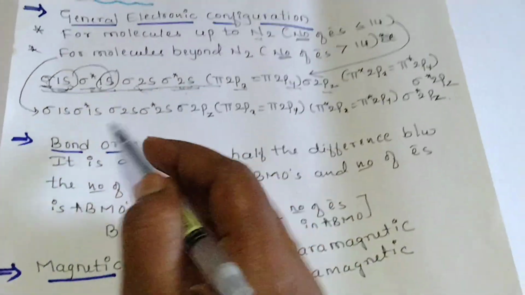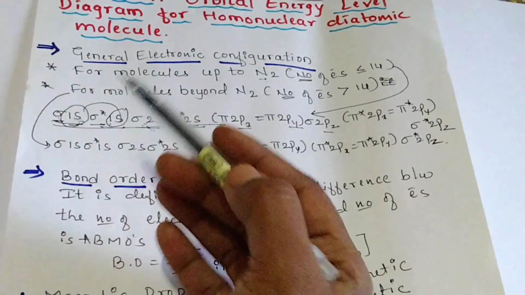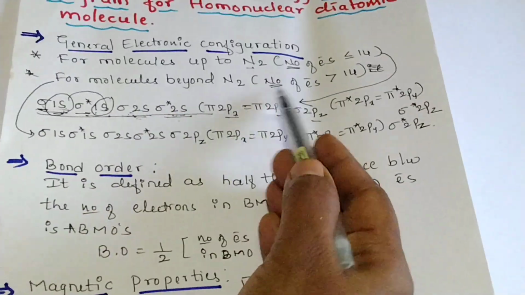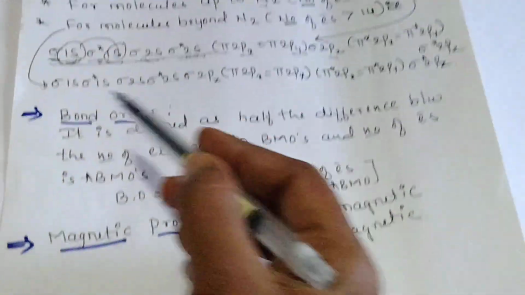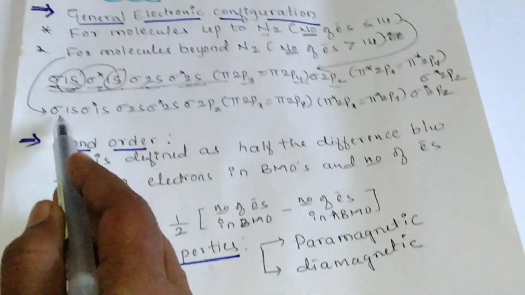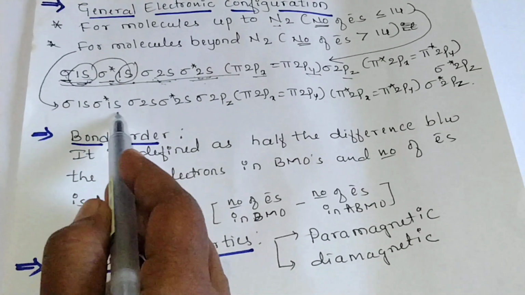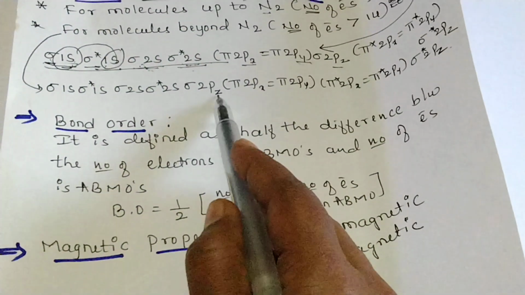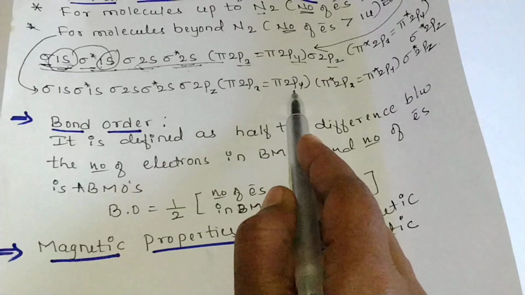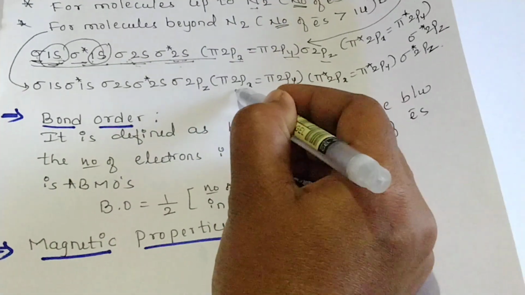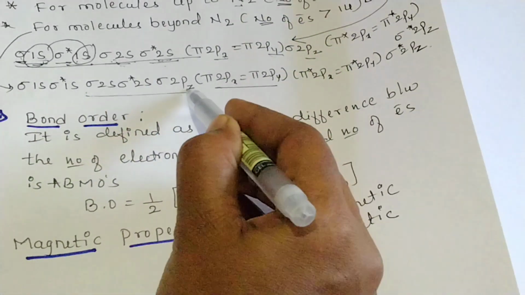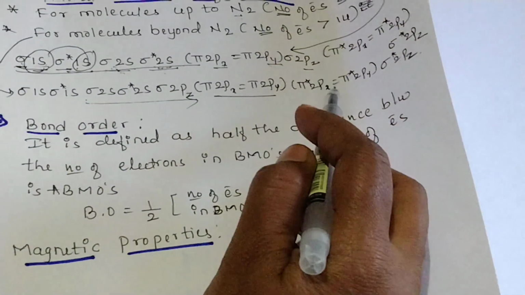For molecules beyond N2, meaning more than 14 electrons, we have to use this configuration: sigma 1s, sigma star 1s, sigma 2s, sigma star 2s, sigma 2pz, pi 2px equal to pi 2py, meaning both have equal energy. This configuration is in increasing order of energy.